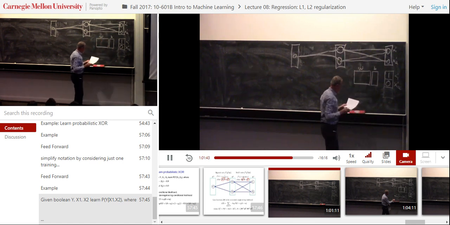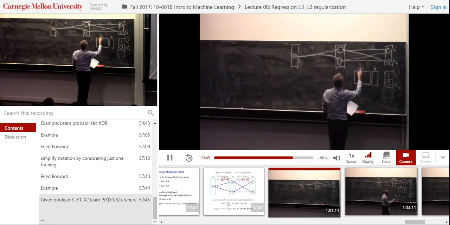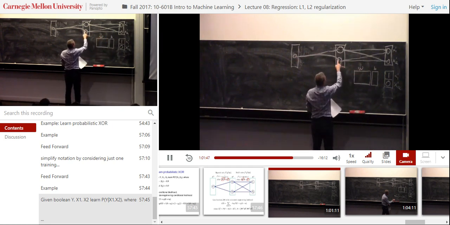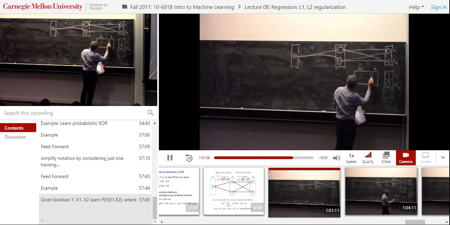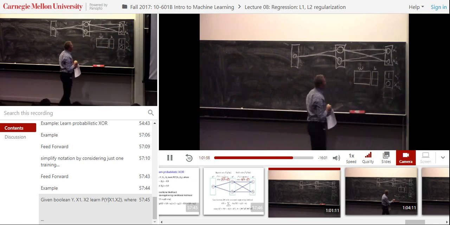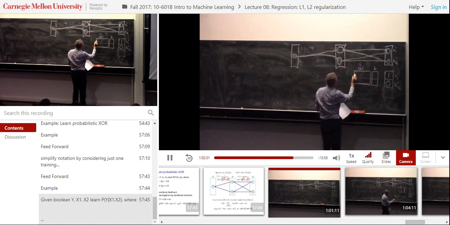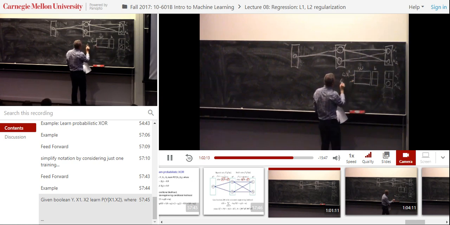And I have two sets of these B's and W's, one for this unit and one for this unit. So these will be for the unit whose output is this one. And these will be for the other one.